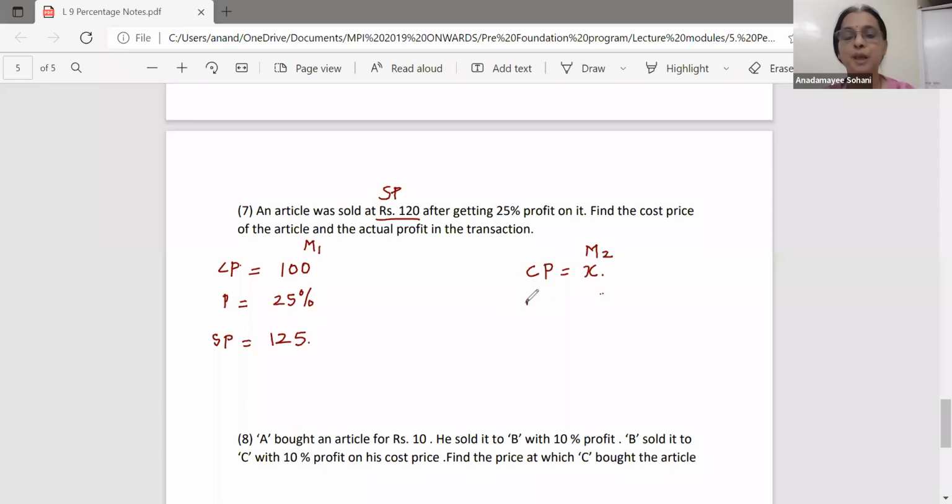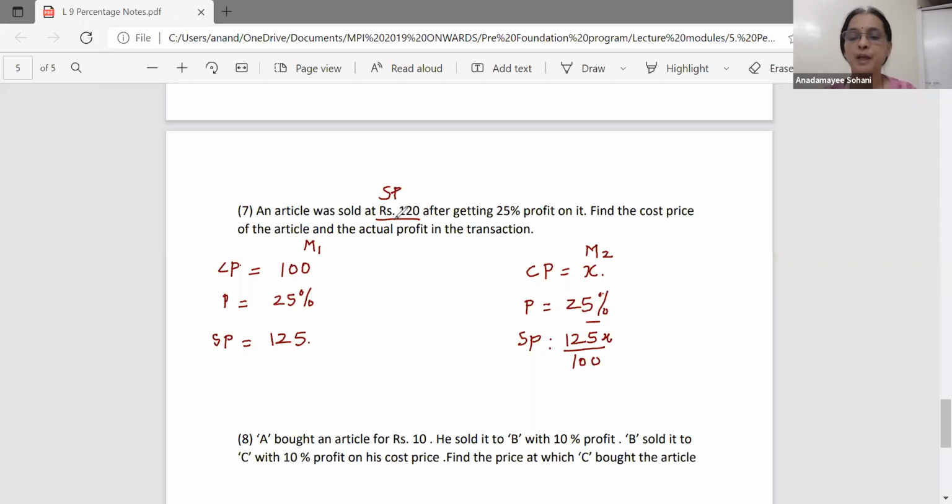If my cost price is x and profit is 25%, then my sale price will become 125x upon 100. This becomes my sale price.